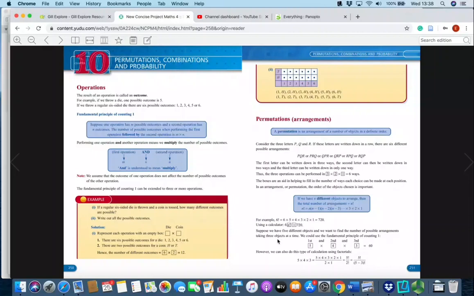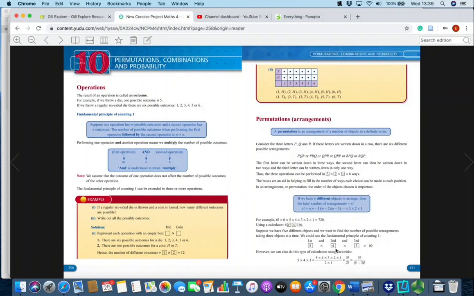So at the end then, we have an example. Suppose we have 5 different objects and we want to find the number of possible arrangements taking 3 objects at a time. We could use the fundamental principle of counting for this. So I am arranging 3 objects at a time. I have 5 different objects, so I have 5 options for that first object. One of them is now in place.